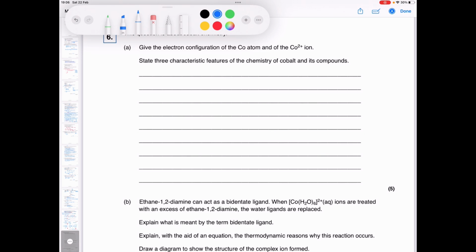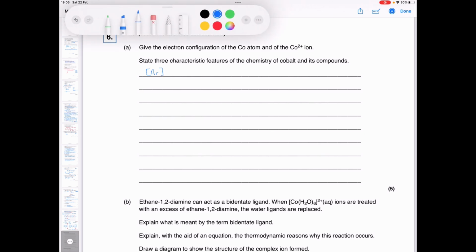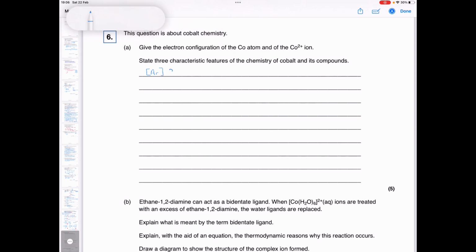You'll see that cobalt is the 7th metal along, so we could simply write argon 3d7 4s2, or we could write it out in full, 1s2, 2s2, 2p6, 3s2, 3p6, 3d7 4s2, and that's for cobalt.